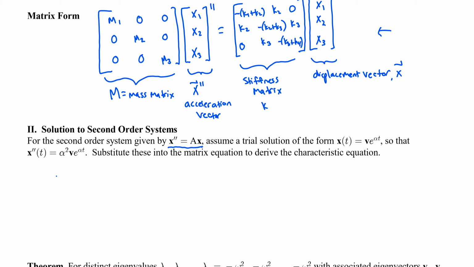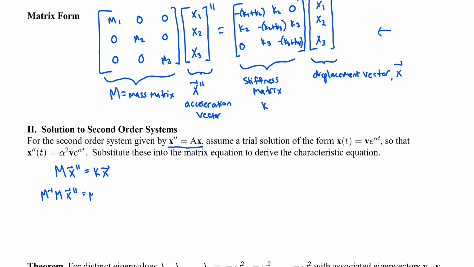We started with mass matrix times X bar double prime equal to stiffness matrix K times displacement vector X. Now, we don't have a whole lot of experience with linear algebra, but you can probably understand that to solve for X double prime, we need an inverse. We're not going to divide both sides by matrix M because matrix division is not actually defined, but we're going to apply an inverse matrix to both sides.